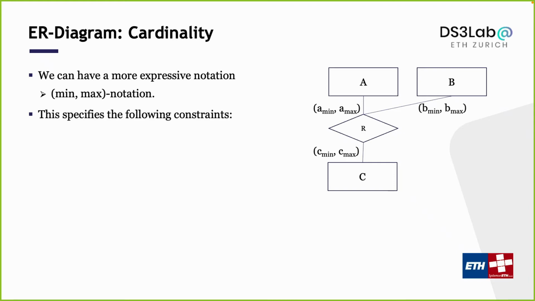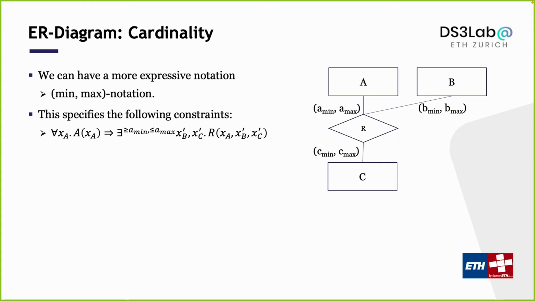Okay? So if you think about the formal semantics of this, what are the database instances that are valid under this notation, essentially for every single cardinality min and max value, you are specifying a very precise logical constraint.